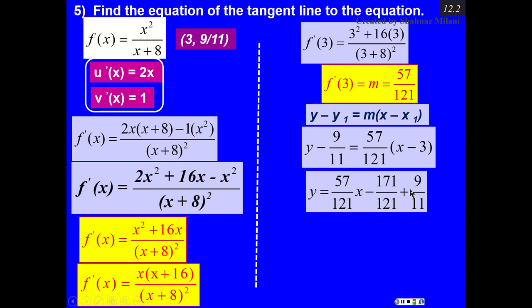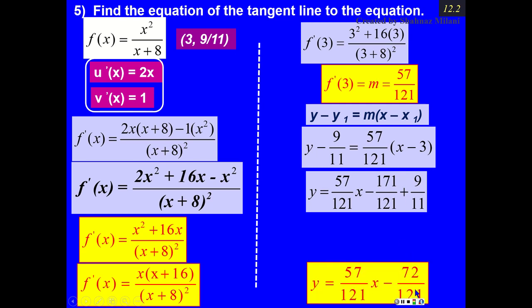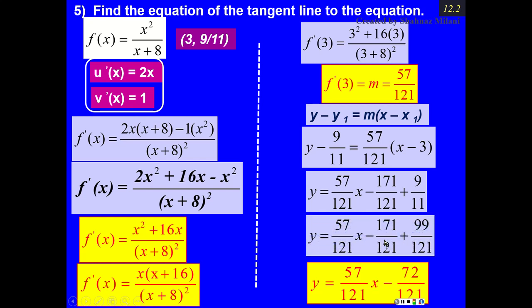You can plug this into the calculator and combine these two, and that is going to be your answer right here, or right here you can find the LCD, which is 121, and make it like a term.